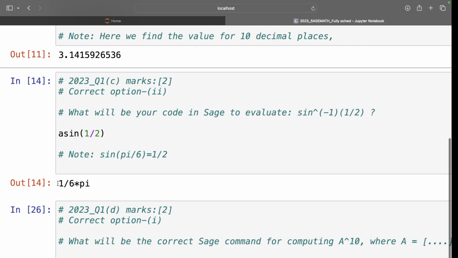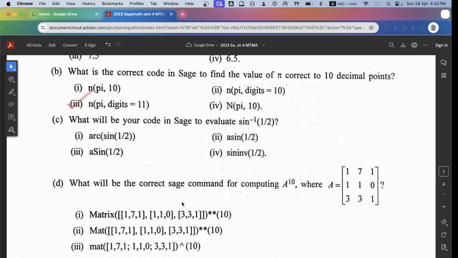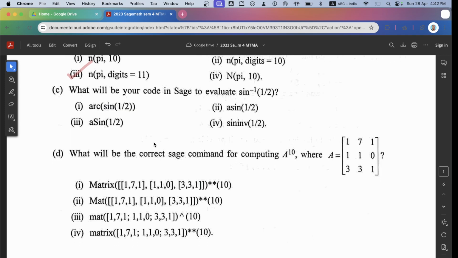Here the answer is 1/6 times pi, that is pi by 6. Next question. asin half will be called, this is the asin half.